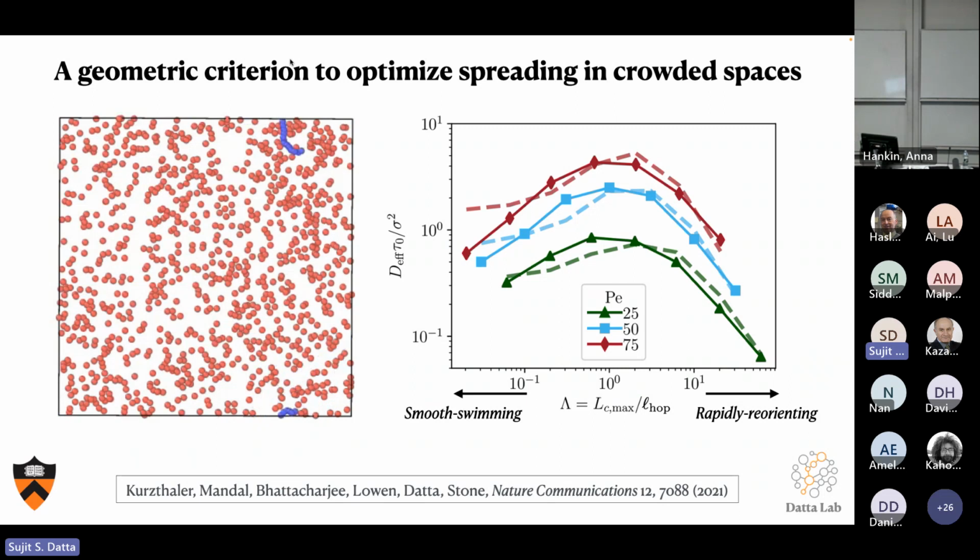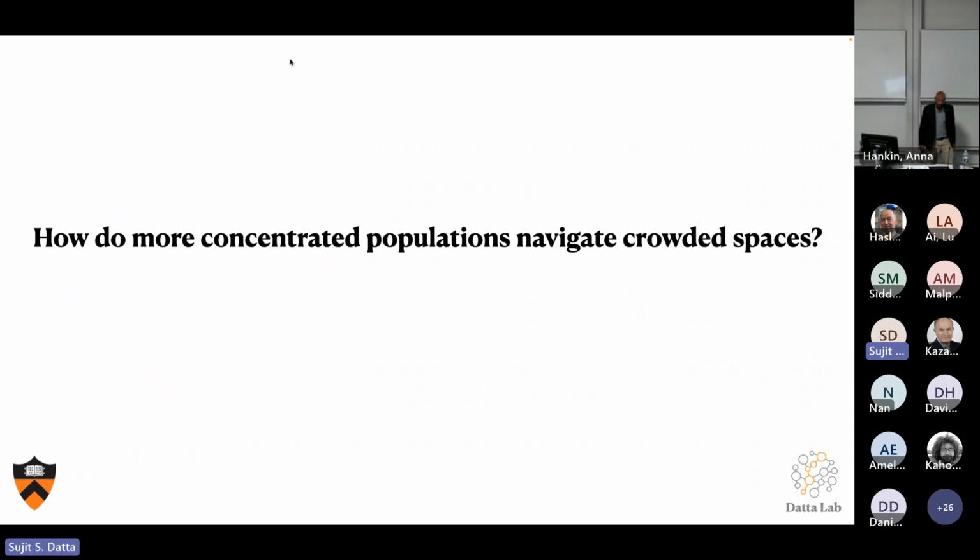And we tested how they move through crowded spaces, both in 2D and 3D topologies. And independent of the topology, we found that they still do this hopping and trapping motion. And by analyzing that hopping and trapping, we're able to come up with a geometric criterion for determining when this active diffusion coefficient is maximized. So when the spreading of these active particles is maximized in crowded spaces. And I'd be happy to chat more about that if you're interested.